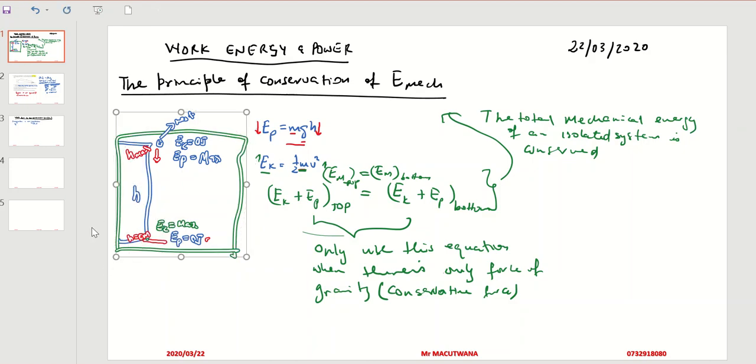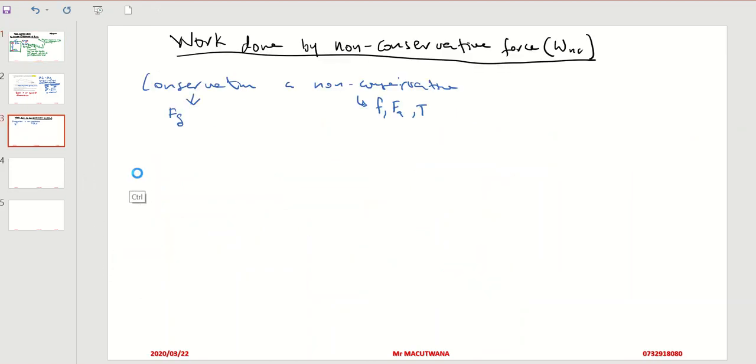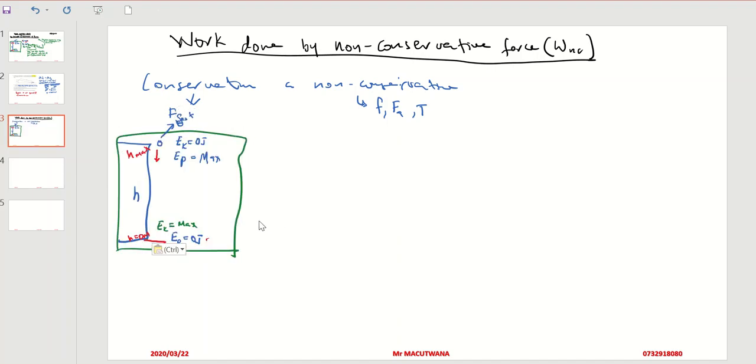Okay, then we paste. All right, let's remove what we do not need so that we can start our discussion. All right, you can keep that.